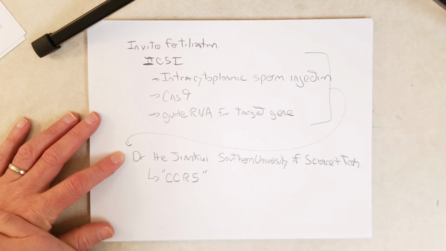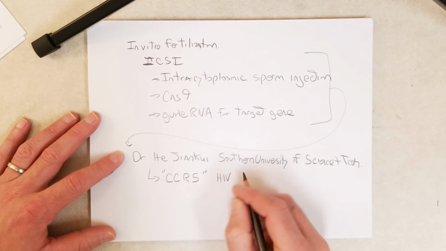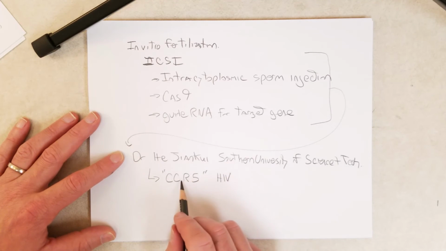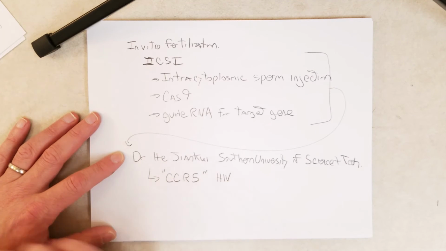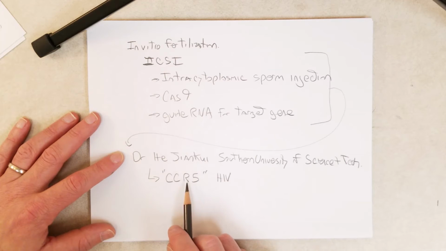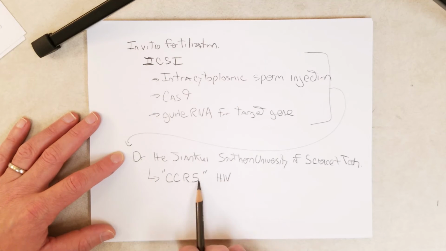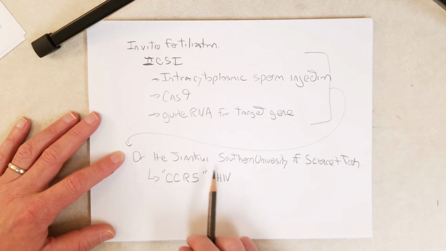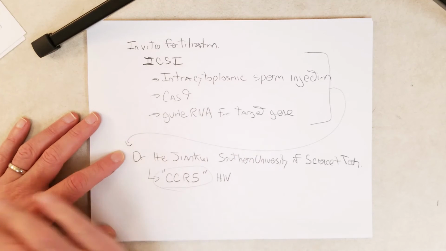Now, CCR5 is a protein that's found on the surface of certain immune cells. And HIV, the virus that causes AIDS, uses CCR5 to get into the cell. So if humans lack this protein on the membranes of, I think it's white blood cells, then they're resistant to HIV. So his goal was to create humans that lacked this gene using CRISPR technology.